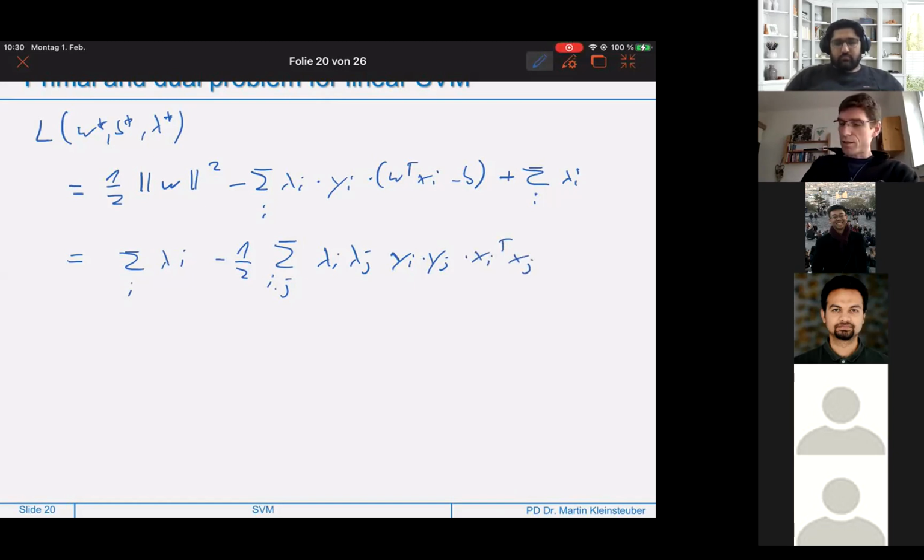There is one step in between that I have omitted here, so if you don't see it at one glance, you have to compute it yourself.